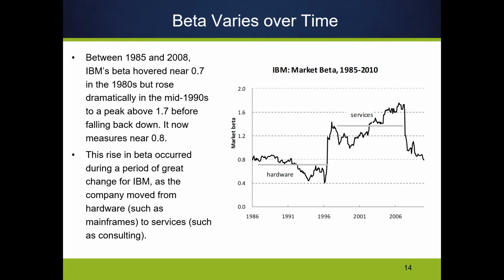Now, the reason is that a hardware type business is typically associated with lower systematic risk. And that's just usually because of the way that the business of selling physical products works. If my computer breaks and I need a new one, I gotta buy one, regardless of the economic cycle. But it's also that my purchases of computer hardware don't really change with economic cycles. I don't buy more computers because times are good or less because times are bad.